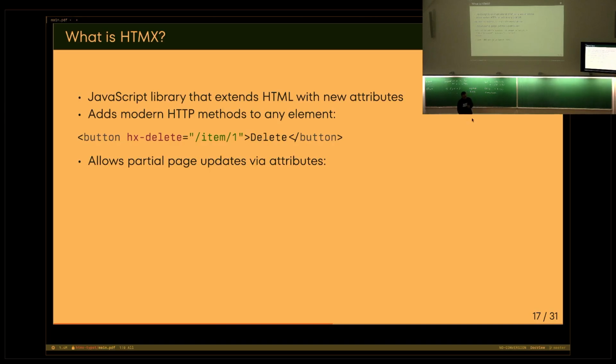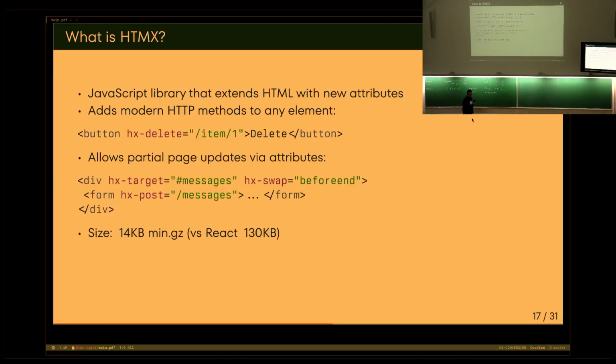I have a div, and that div specifies a target and a swap. It says whatever triggers an HTML request within this div, make it target something that has this ID, and whatever it returns, put it before the end of that element. So this is a way that we can append messages to some messages div.